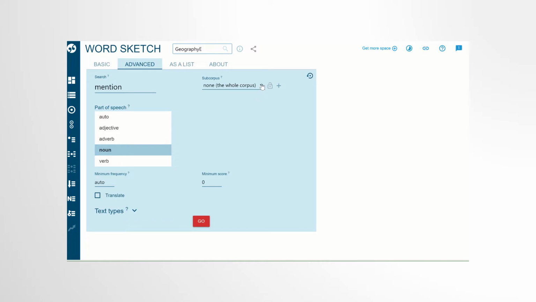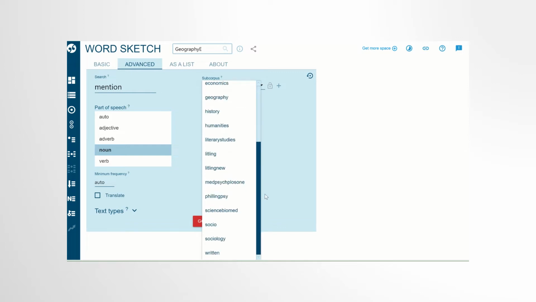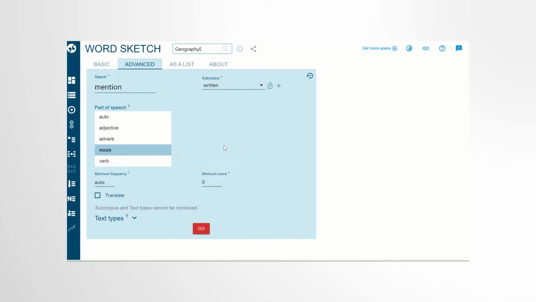We don't want to investigate the whole corpus in geography because this would include the spoken corpus. The YT EduScience corpus is also included in geography. So we just want the written corpus, which can be selected via a subcorpus.